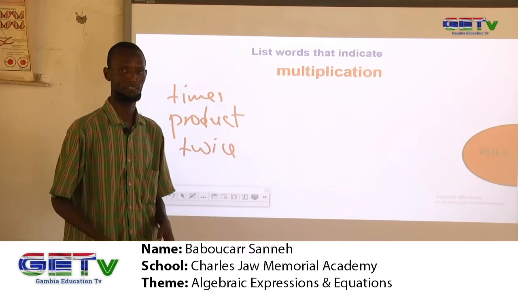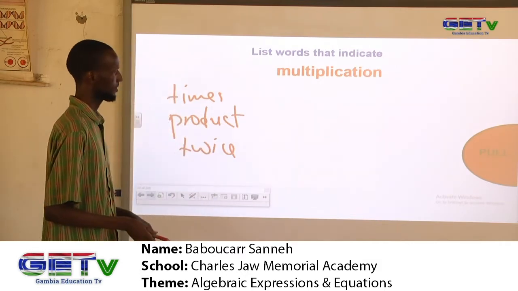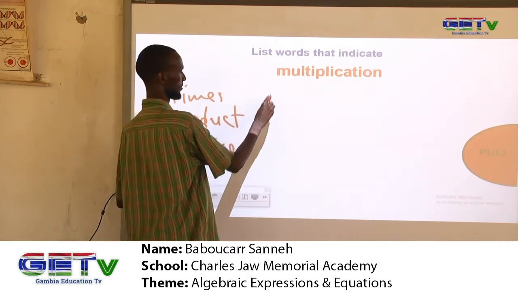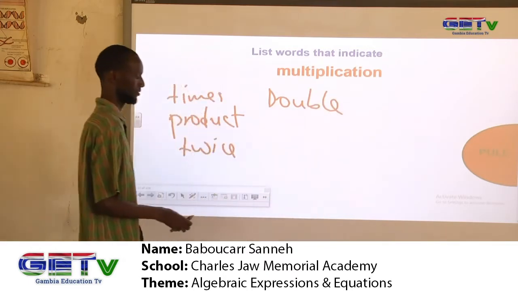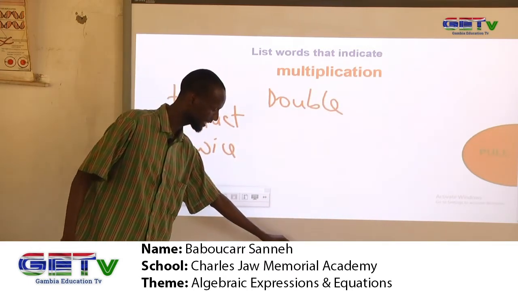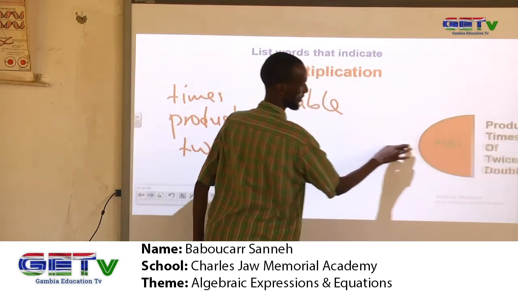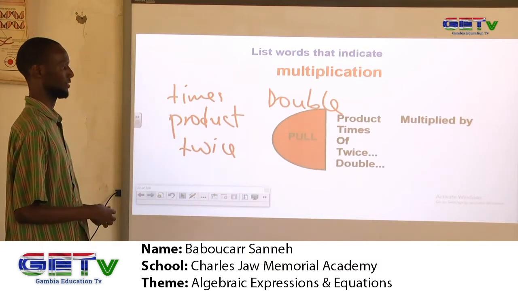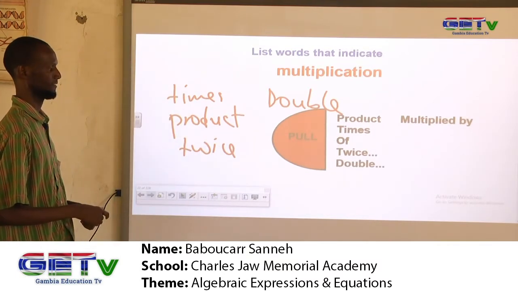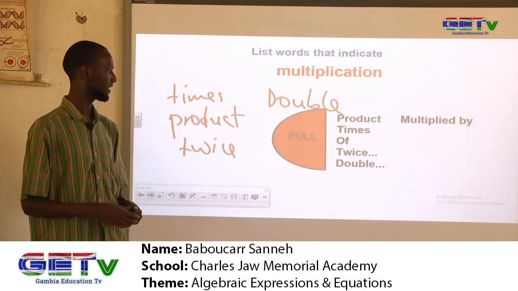It's 2 times. So it indicates a multiplication. What of double? They all indicate multiplication, and there could be a few more words that you know. Product, times, of, twice, double, and multiplied by. All this indicates a multiplication.